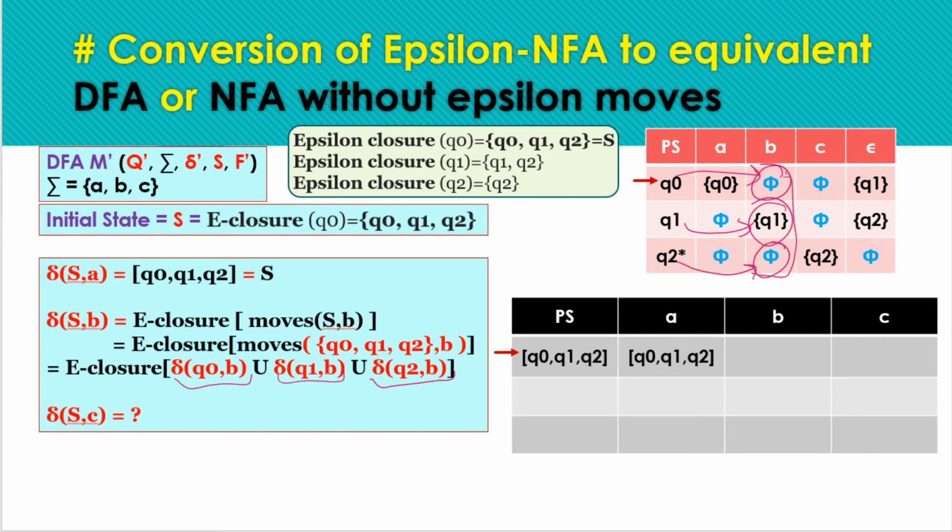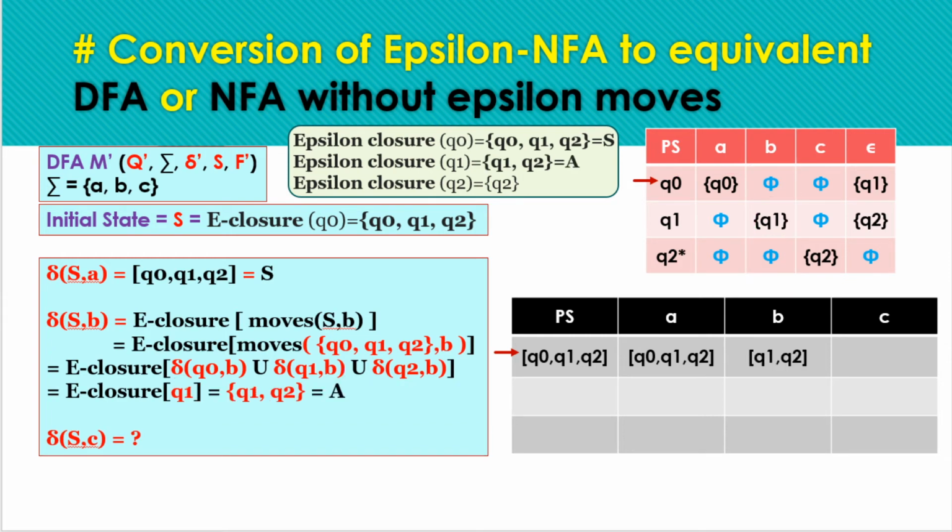So after performing the union we get Q1. Now we find the closure of Q1, and the resulting state is Q1 and Q2, because the closure of Q1 was Q1, Q2. Now we are renaming the state as A. So here we have renamed the state Q1 and Q2 as A.